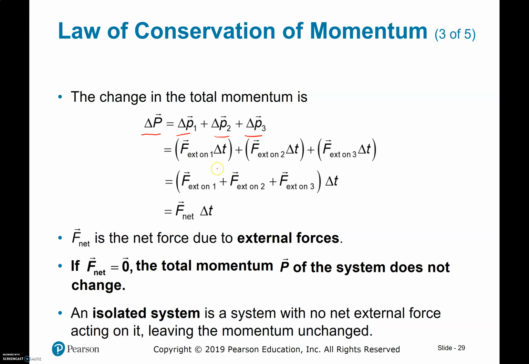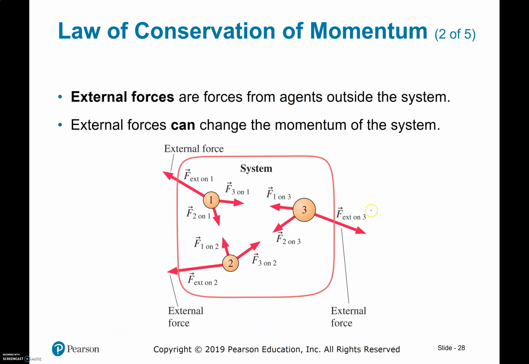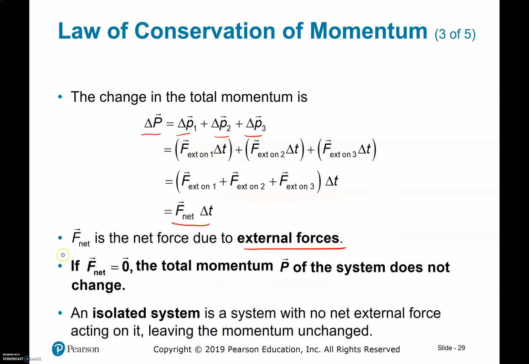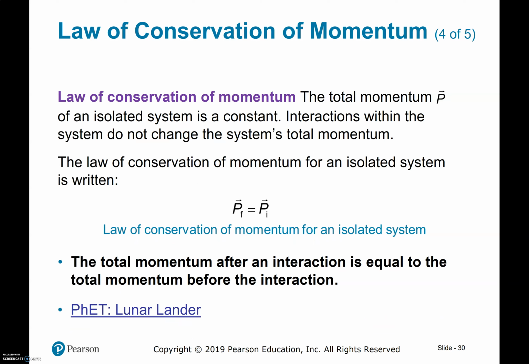And then we can see that that's going to give you an F net times delta T. And so if there's no external forces, and external forces can be thought of as forces that pull on particles due to agents that are not part of the system, if the net force is zero, then this change here is equal to zero. That's the law of conservation of momentum.